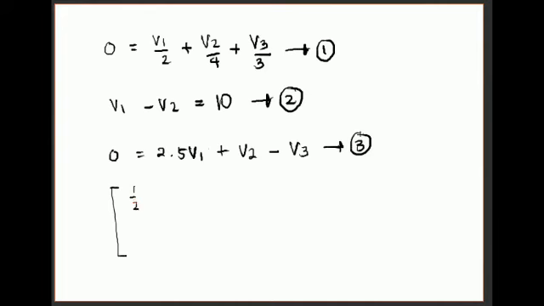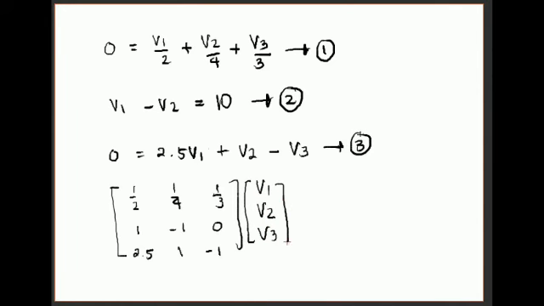The matrix rows are 1/2, 1/4, 1/3; then 1, minus 1, 0; and 2.5, 1, minus 1, multiplied by V1, V2, and V3, equals 0, 10, and 0.